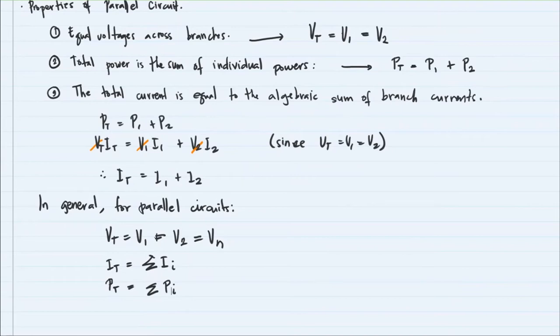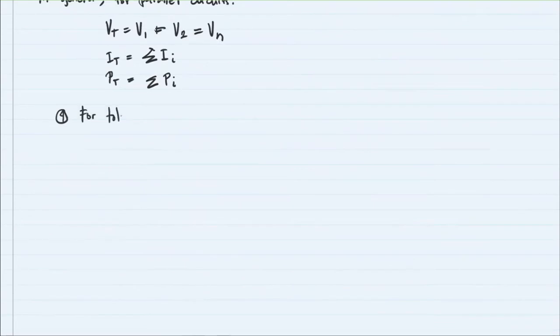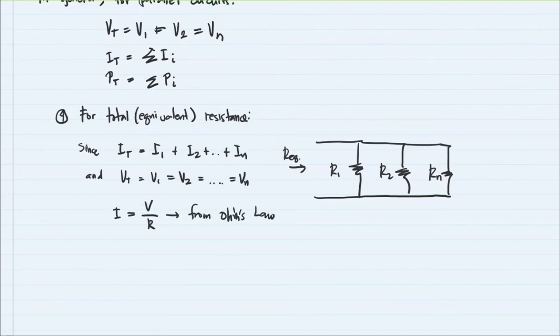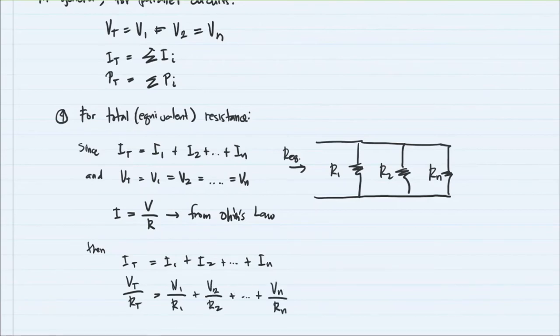Now, we will be talking about the properties of parallel circuits in terms of resistance. For the total equivalent resistance, suppose you have a circuit with R1, R2, and Rn. We are now deriving the formula for resistances. We know that Ohm's law says I is equal to V over R, and we substitute that into the third property explained a while ago.